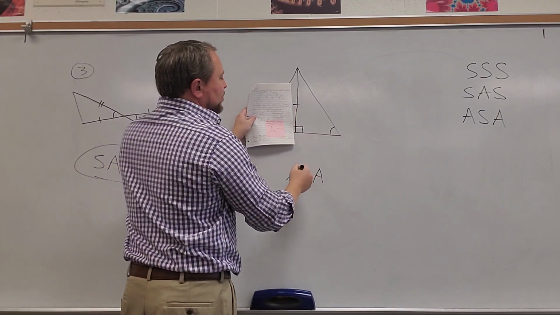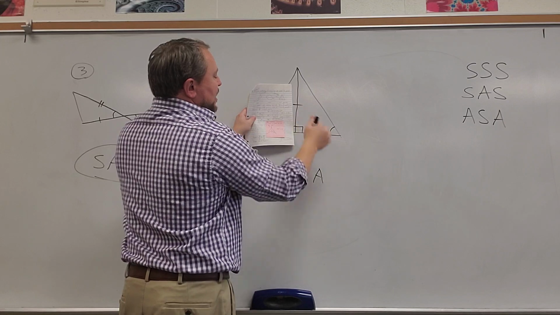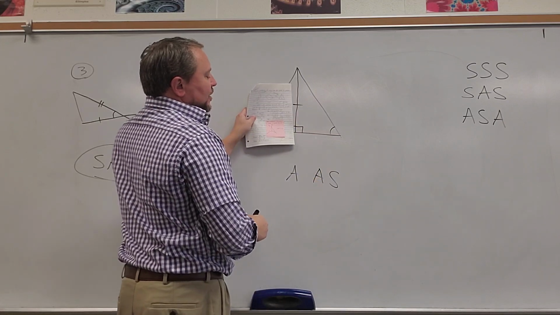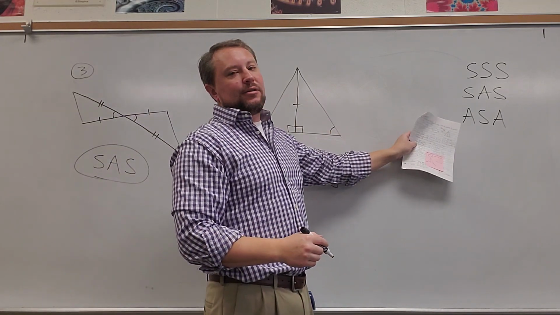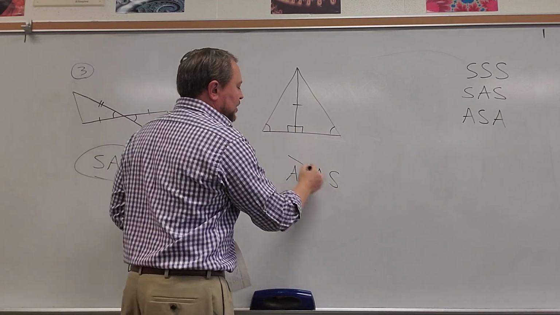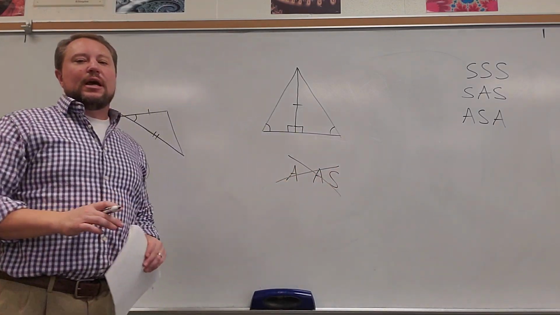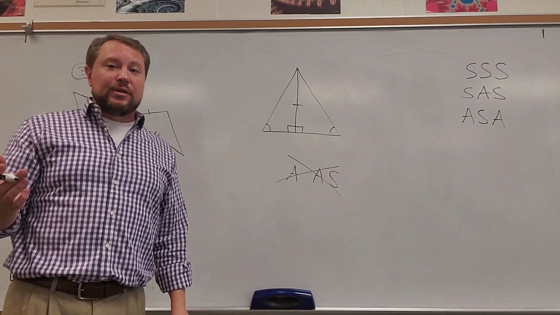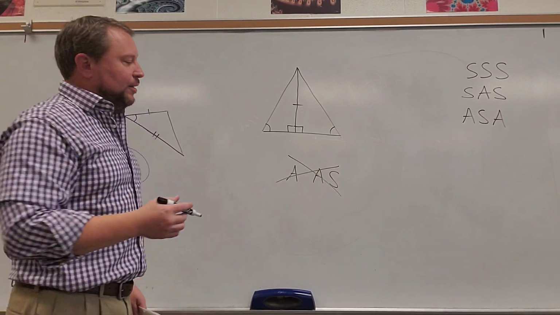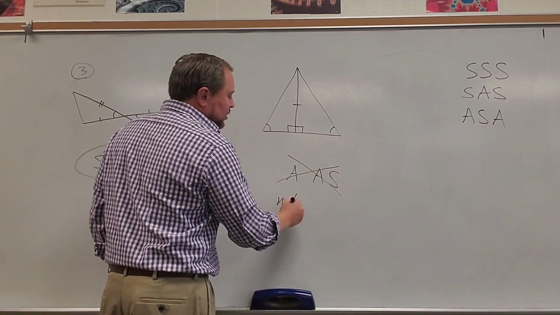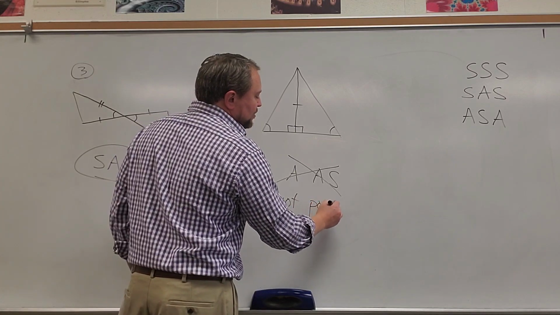So this would be what you would call AAS, but that's not one of our shortcuts. So we can't use this. Maybe later we might learn one of these shortcuts. Wink, wink. But for right now, you would say this is not possible.